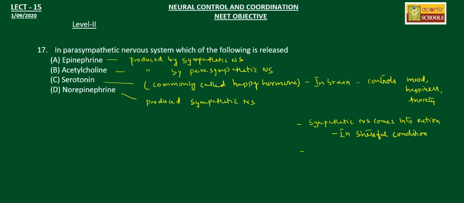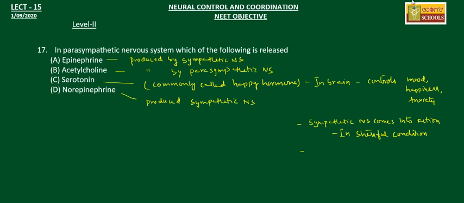So in the parasympathetic nervous system, which of the following is released? Epinephrine and norepinephrine increase the functions of the body, whereas the parasympathetic system decreases them. Both are considered fight or flight hormones, which increase the heartbeat and the metabolic rate of the person.